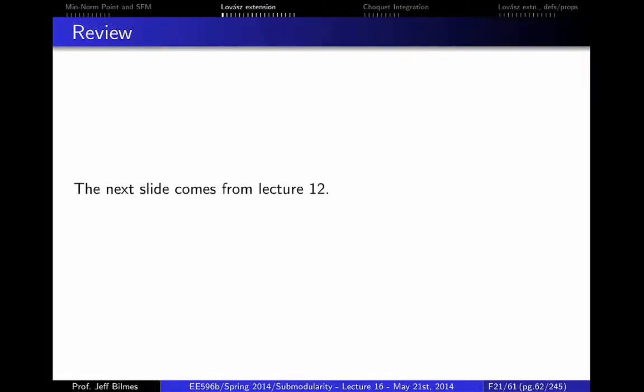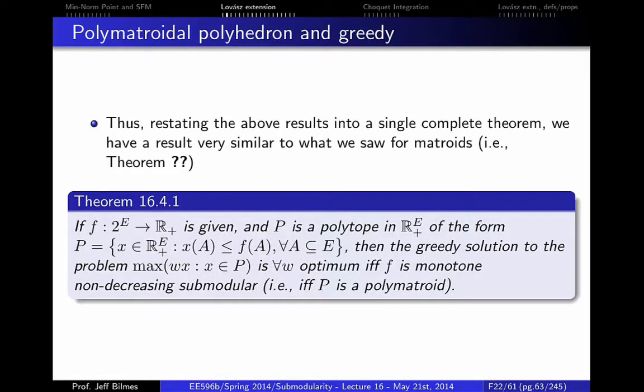Okay, so the next thing we're going to talk about is something that's also somewhat fundamental to submodular functions, and that's the relationship between submodularity and convex functions via the Lovász extension. Before we do that, let's review something from lecture 12, which talked about how the greedy algorithm was a defining property for a polymatroid.